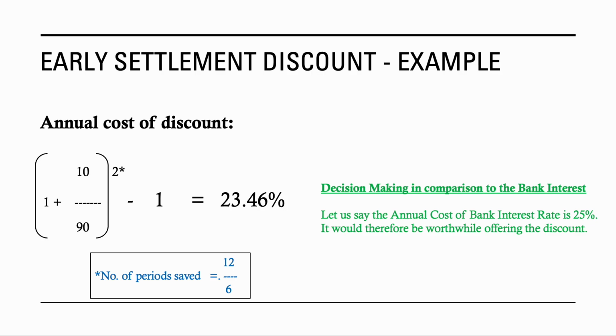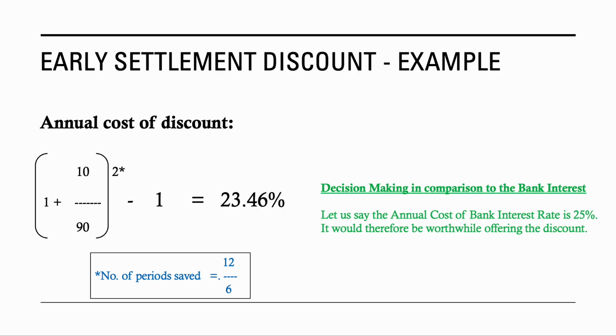Let's say the discount provided is $10 and the remaining amount collectible is $90. Now, using the formula, we can compute what's the annual cost of discount. So in our example here, the annual cost of discount is 23.46%.